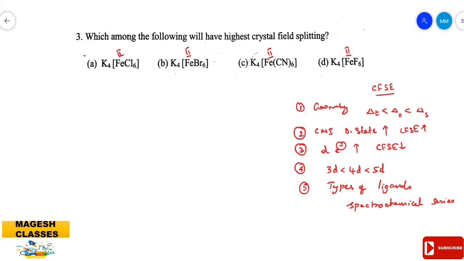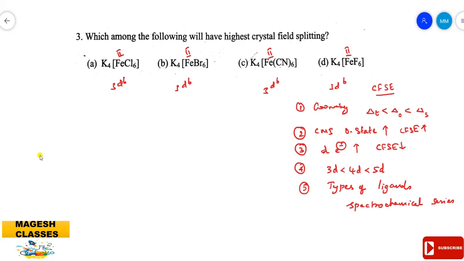Then fifth one, types of ligands. The ability of ligands to split the d orbitals is given by the spectrochemical series. In this problem, the central metal ion has the same oxidation state, all are plus 2, and the geometry is also the same. Number of d electrons: in this case it is d6, so all are d6 systems, and all the Fe are in the 3d orbitals.